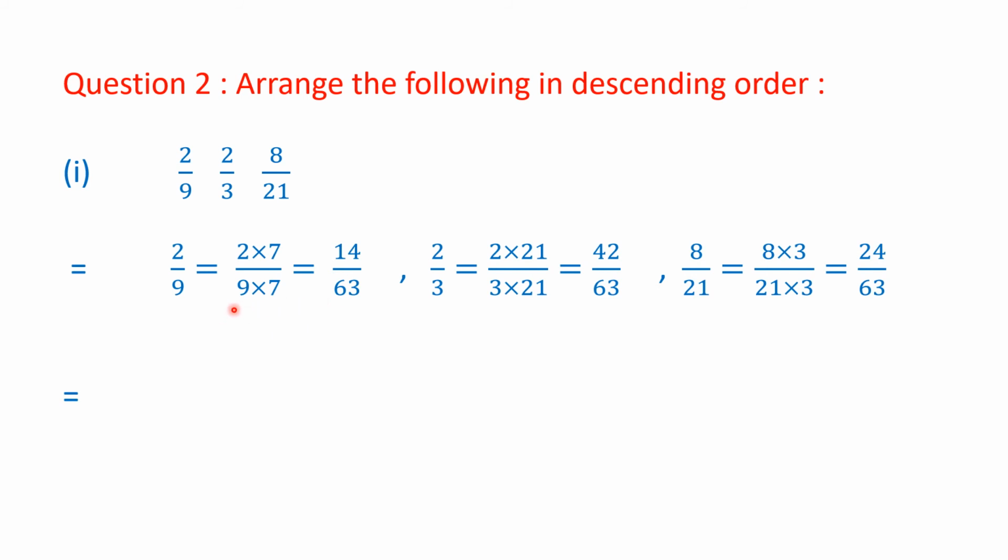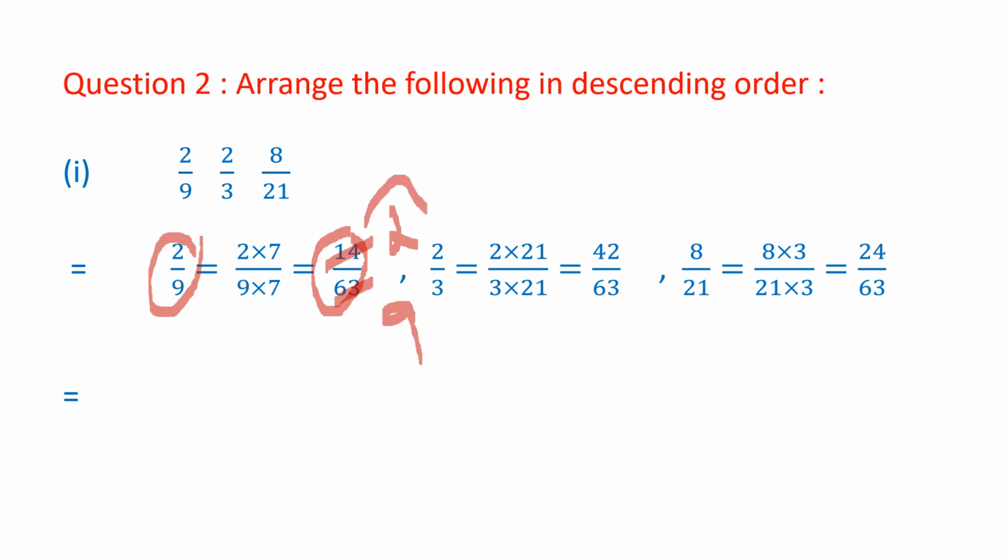And when I multiply the denominator by 7, I need to do the same thing to the numerator also. So now you get 2 into 7 and here 9 into 7, and 2 into 7 is 14, 9 into 7 is 63. So you get 14 by 63. So now you can see that 2 by 9 has become 14 by 63. And when you cut it by 7, 7 2s are 14 and 7 9s are 63.